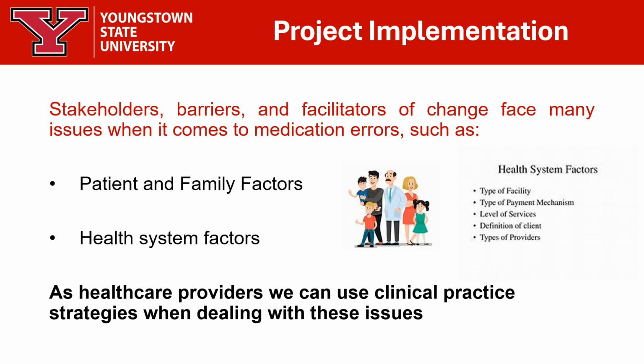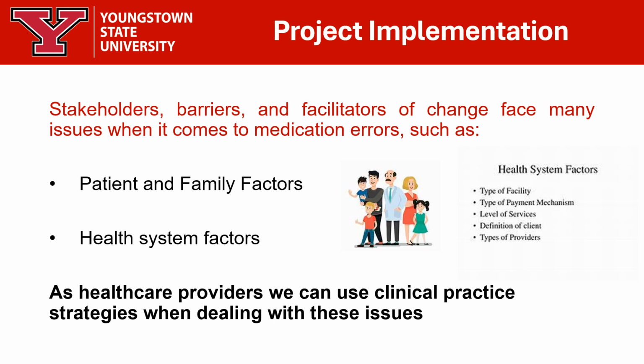When it comes to project implementation, I found that stakeholders, barriers, and facilitators of change face many issues when it comes to medication errors, such as patient and family factors and health system factors. These seem to be the top 2.